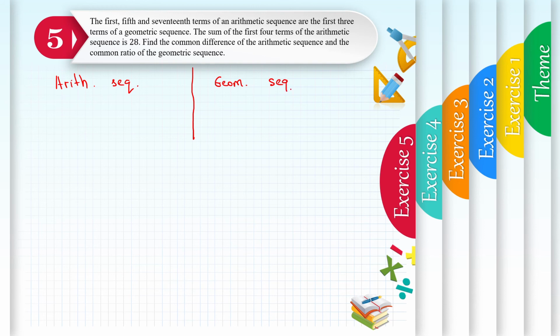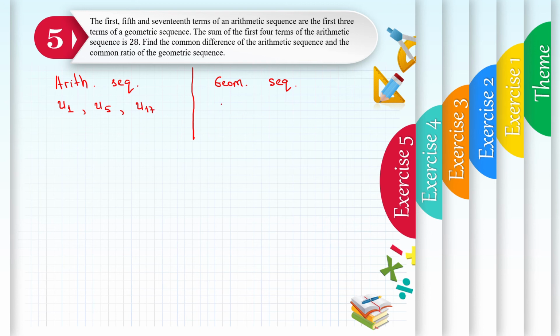What do we know about these sequences? We know that the first term, let's denote it by u sub 1, the fifth term u sub 5, and the 17th term of the arithmetic sequence u sub 17 are the first three terms of the geometric sequence.